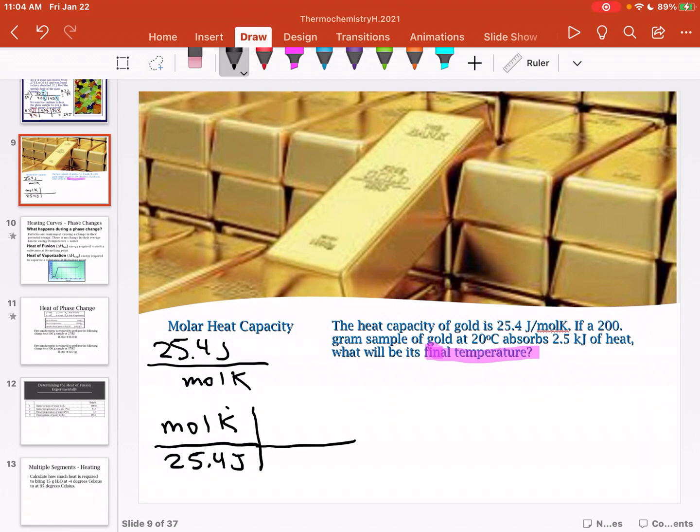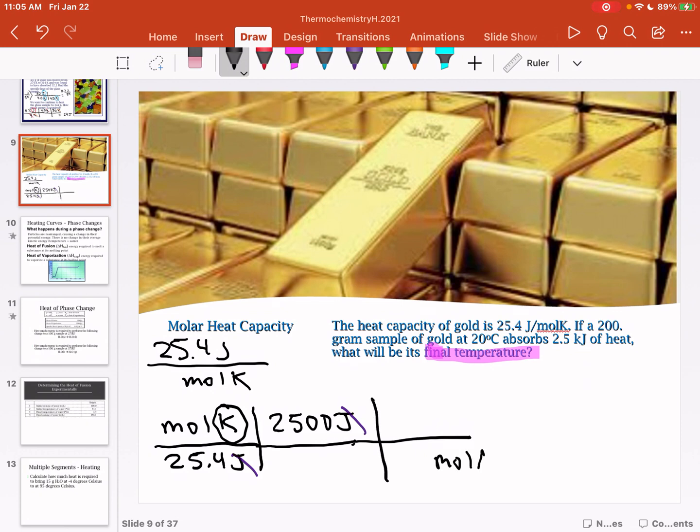So I'm going to keep my Kelvin. I can quickly cancel out my joules with my 2.5 kilojoules. We mentioned getting really good at sliding the decimal place 3 places one way or the other. So I can see that that is 2,500 joules. And so that's going to cancel my joules here and here. And I know that all I want to keep is Kelvin, so I've got to get rid of moles.